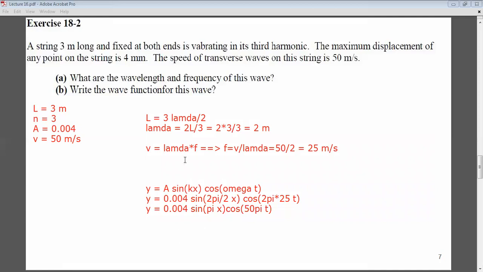You need to memorize the formula for the standing wave. It is Y equal A sine KX cosine omega T.